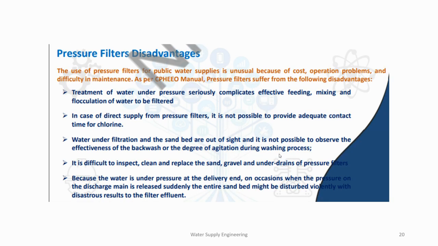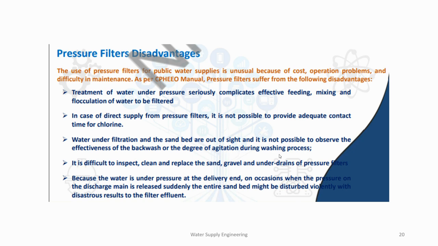So disadvantages of pressure filters are, as mentioned, it is not recommended to use it for municipal water supply treatment plants. This is because of the higher cost that it will induce, as well as operational and maintenance problems. So, according to CPHEEO manual, the disadvantages of a pressure filter are the water is being treated under pressure.